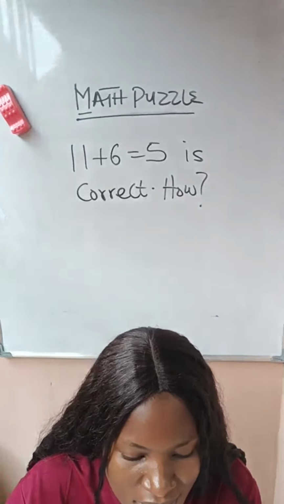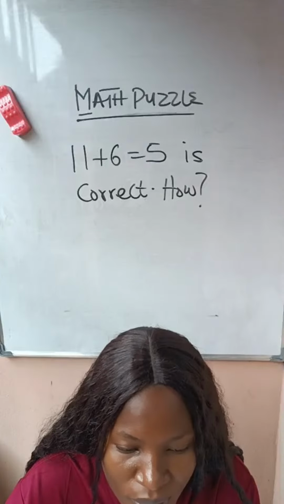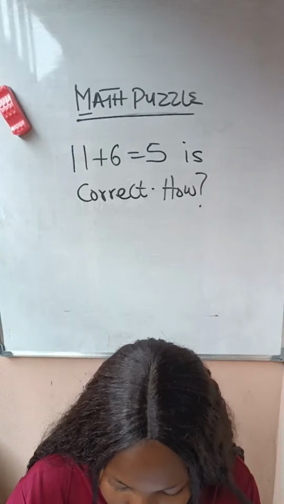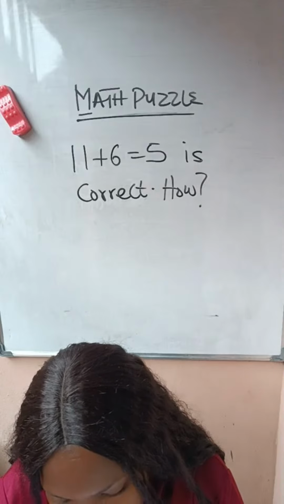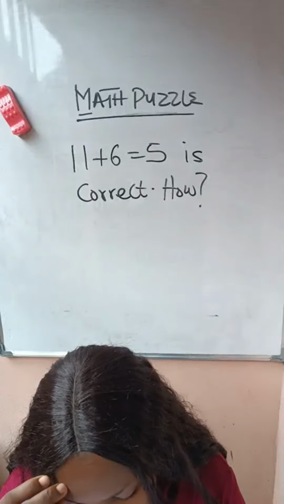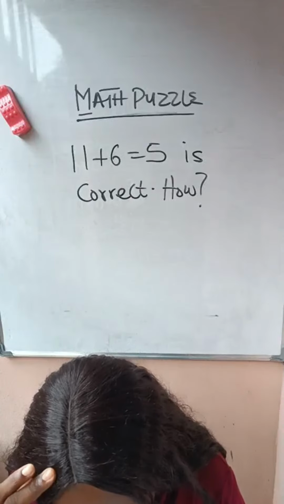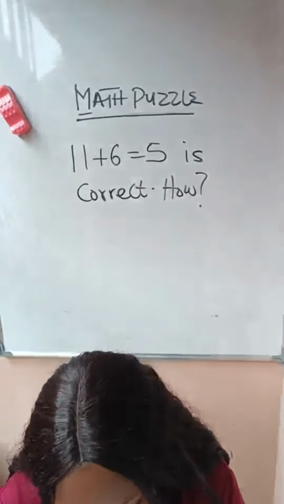Eleven plus 6. Philip is saying it's not possible. Well, the math is saying it is possible. So what is the answer? The real calculation is 11 minus 6. No, this is right.